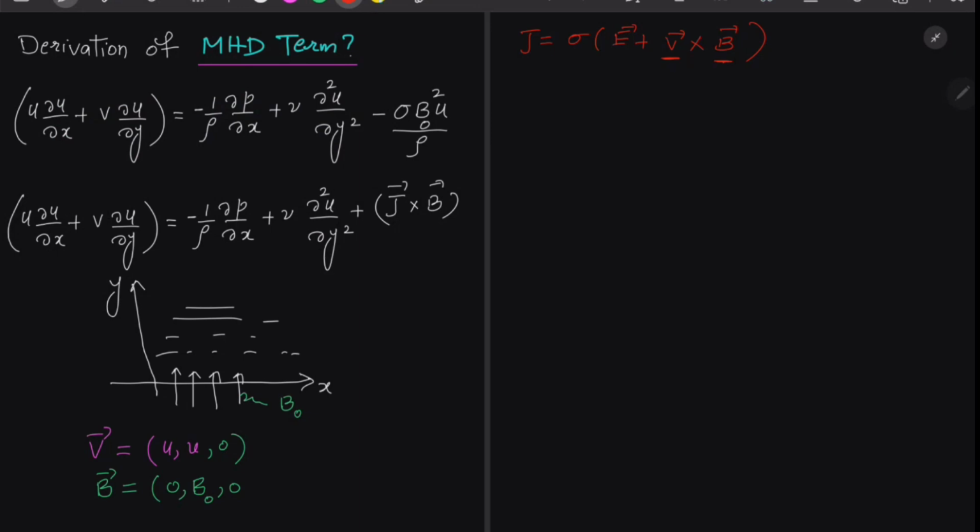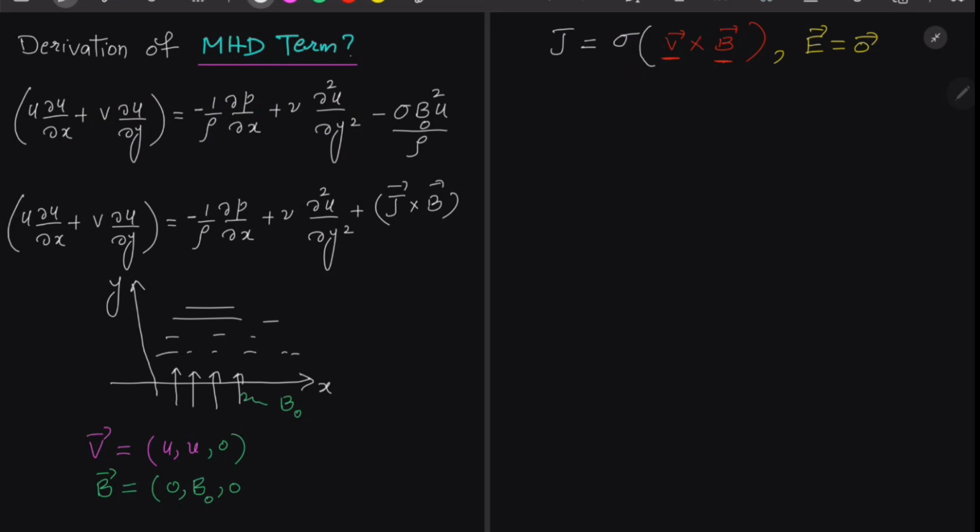First of all, we assume that we did not apply any electric field, so this term is 0. Simply I remove that term, so we have J = sigma (V cross B).